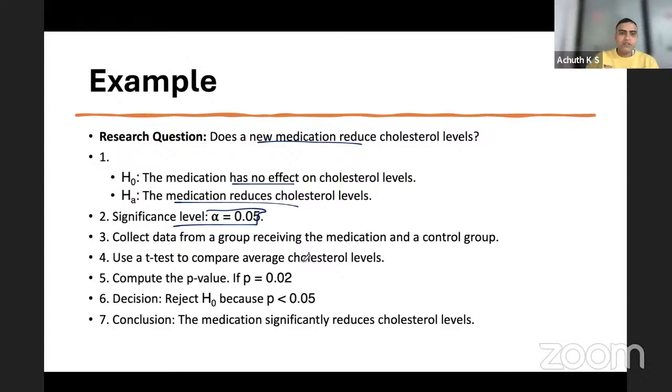If the p-value is 0.02, that is less than 0.05, you are rejecting the null hypothesis. Here you are rejecting that the medication has no effect. This you are rejecting, that means you are indirectly accepting this. Conclusion: the medication significantly reduces cholesterol levels. This is how hypothesis testing is done.